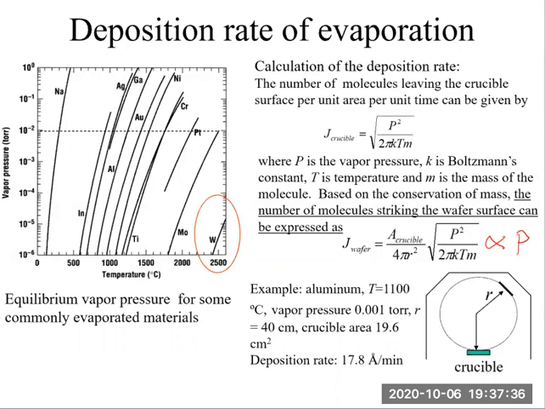The left figure plots the vapor pressure as a function of temperature. The horizontal axis is temperature. In order to achieve a reasonable deposition rate, the vapor pressure typically needs to be greater than 0.01 torr.